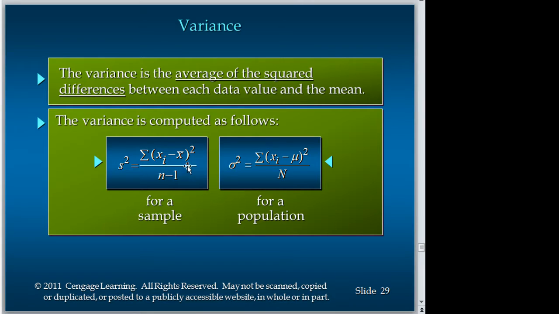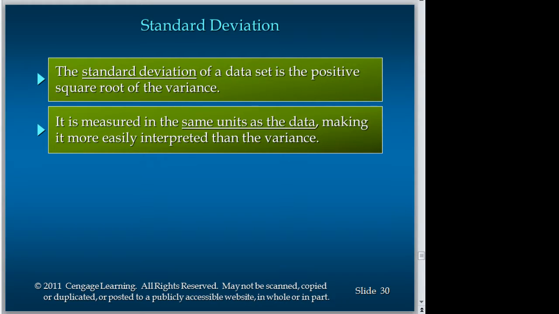Okay. And what's standard deviation? Standard deviation is very similar to variance. What you do is take the positive square root of the variance. So once you find the variance, take the square root, and that would be the standard deviation value.